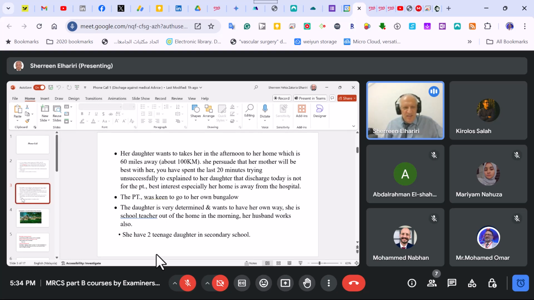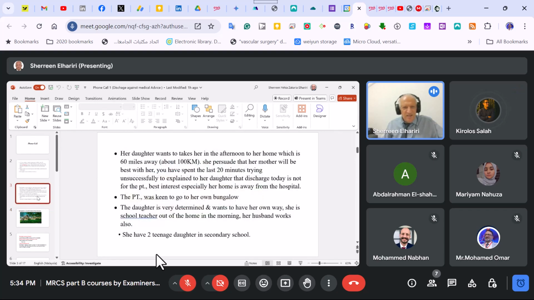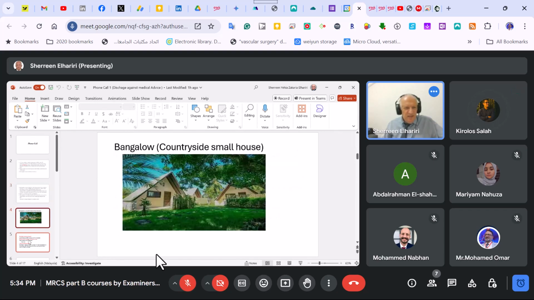So in the morning, this patient will be alone, and in this countryside there is not much hospital facility. This is what we call a bungalow or countryside small house, something like a village or rural area. Okay, so can anyone start?